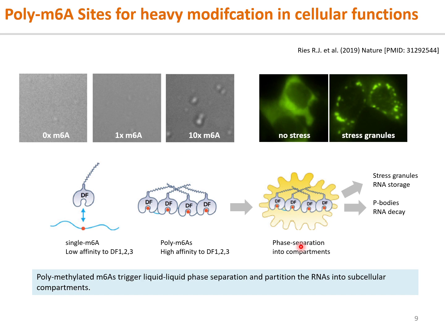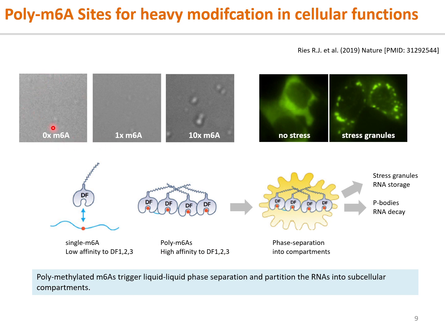Compared with a single m6A site, a poly-m6A site has much higher affinity to its reader, such as YTHDF, due to its multiple binding valency. In the synthetic RNA without an m6A, the RNA is completely in a homogeneous solution.